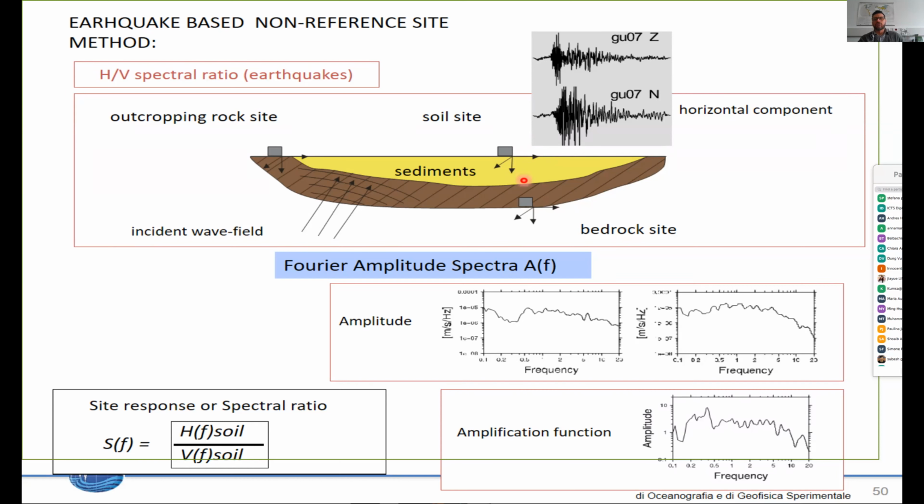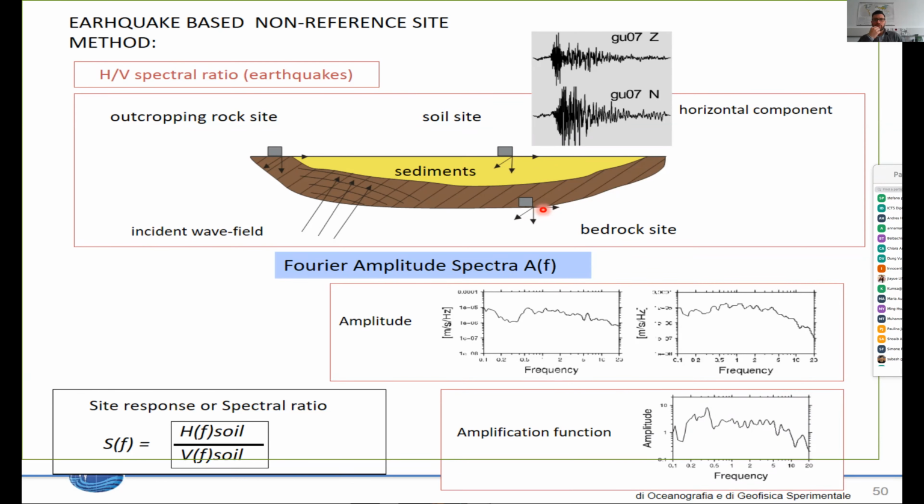So from the H over V, if this is true, I should be able to obtain the site response corresponding to the ratio between horizontal to horizontal. And this is what the method is mainly based on.